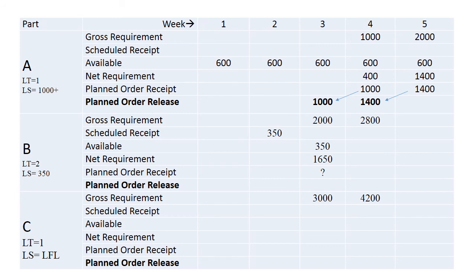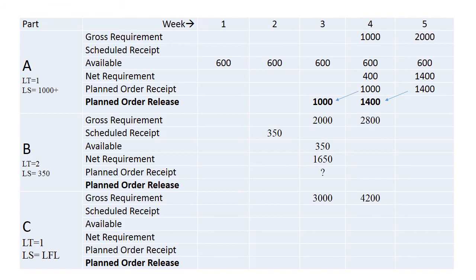How much you plan to receive depends on the lot size. And lot size for B is 350. That means you must buy multiples of 350 to reach 1,650. So all you do is take 1,650 divided by 350. You'll get 4 point something. That means you must buy 5 boxes.